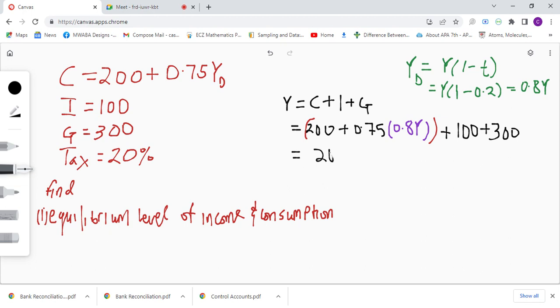So we have 200 plus 0.6Y. Then 100 plus 300, we get 400.